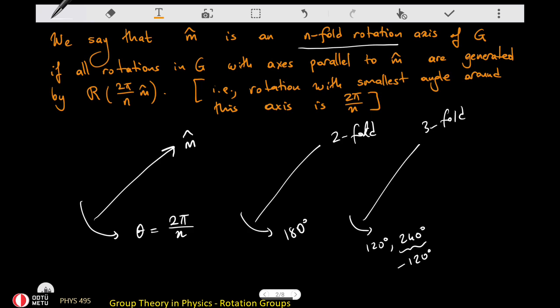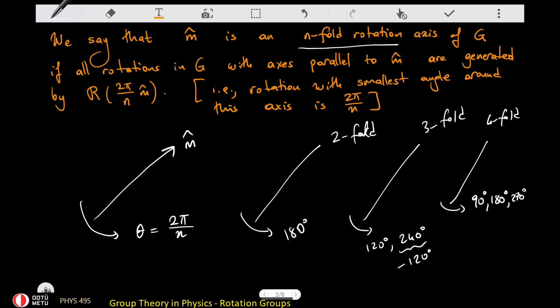And if we have, let's say, a fourfold rotation axis, then the angles might be 90, 180, and 270 degrees. So there are three non-trivial rotations in such a situation.